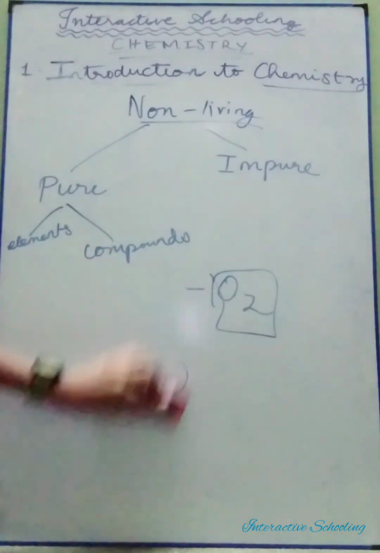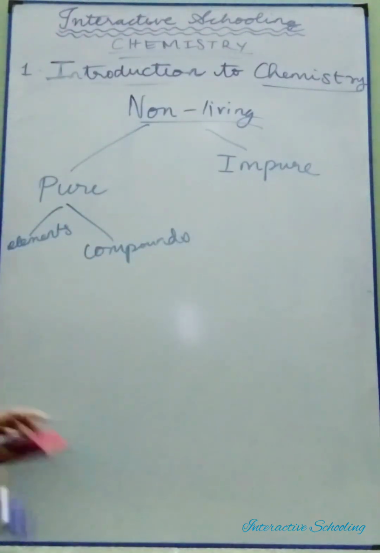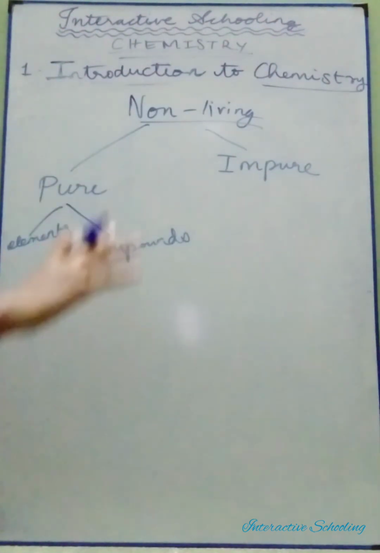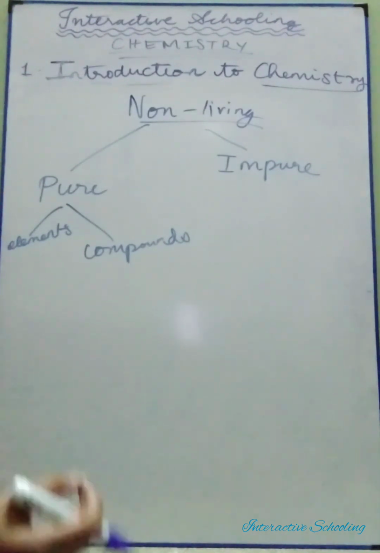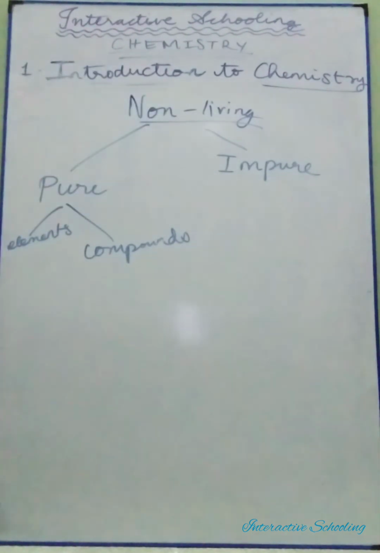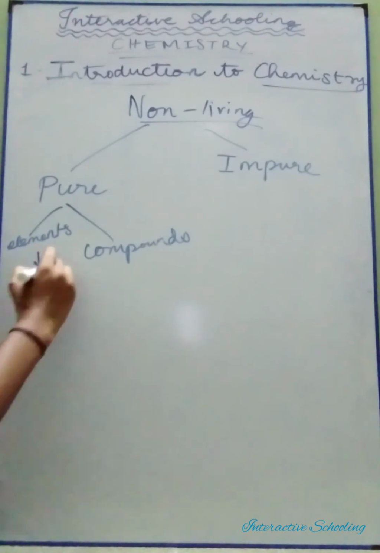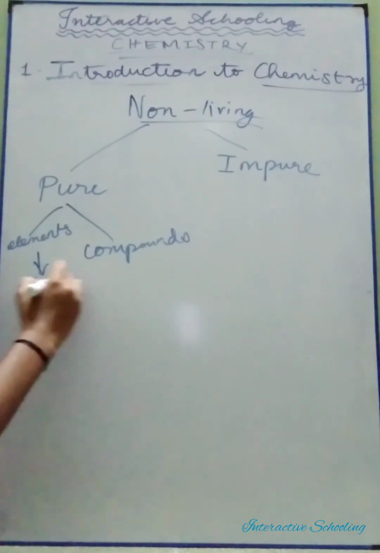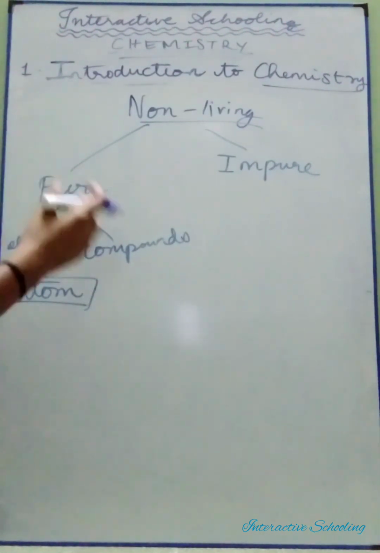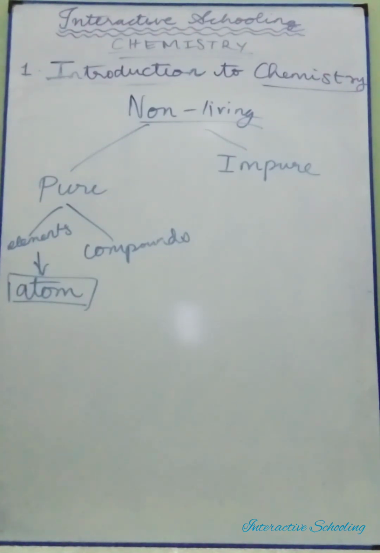So an element is made up of similar kind of atoms. The molecule of an element is made up of the same kind of atoms which exhibit the property of that element. So its smallest particle is the atom. Atom is the smallest particle of an element which exhibits all of its properties.